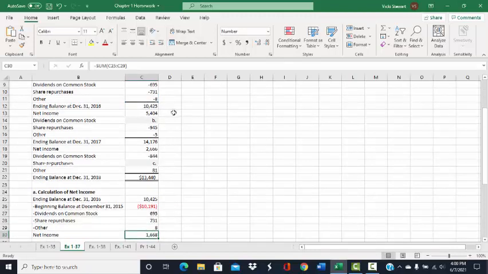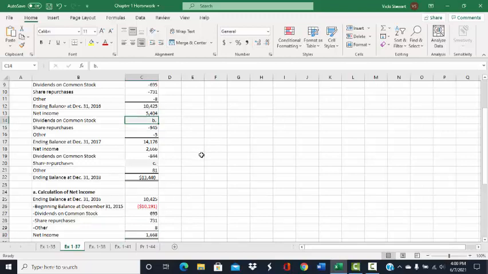Now we have the missing amount, the net income, because we know that the ending amount of retained earnings minus the beginning plus the dividends that we paid out plus the amount we paid out for treasury shares plus that negative amount of other would be equal to, or the difference would be, net income, because that was what we were missing.